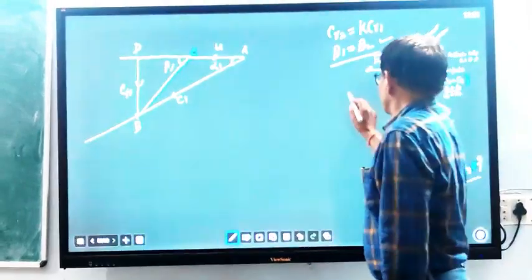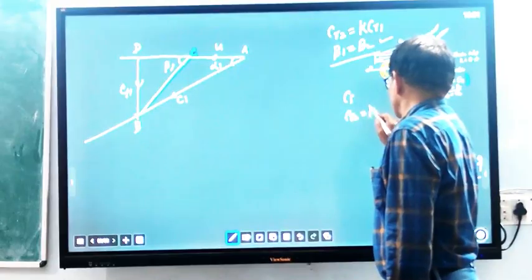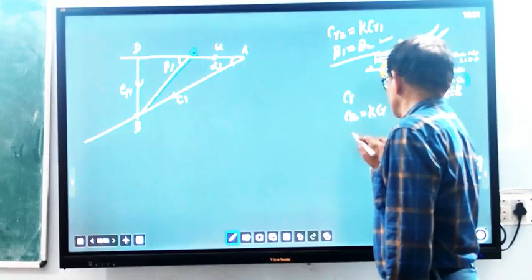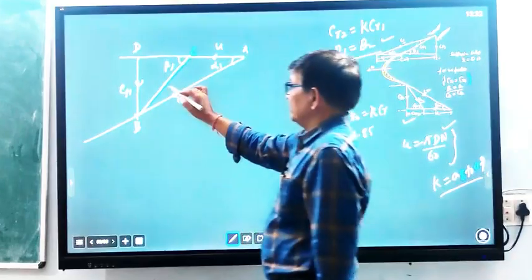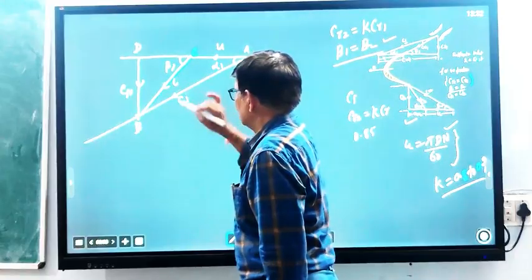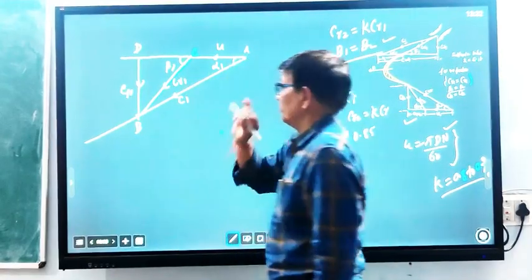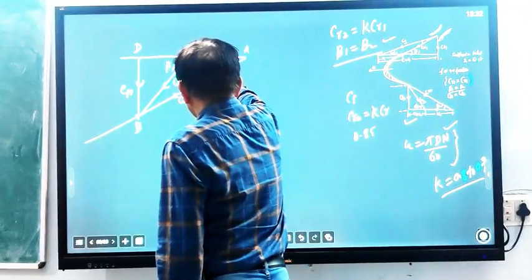But how do we draw the outlet, exit velocity triangle? We know that CR2 equals K CR1, and K is given, suppose 0.85. So you have to measure CR1, and take 0.85 times the CR1 value from CD, and take angle beta 2 here. Draw a line.